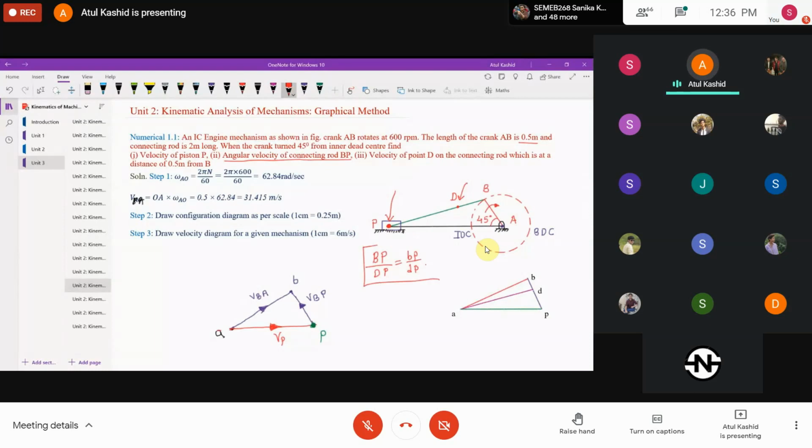So we can write a very simple formula: BP upon DP equals small bp upon small dp. Here we know BP and DP from the configuration diagram. We know the vector bp, and small dp we don't know, so we can calculate it. So small dp will be equal to bp divided by BP into DP.